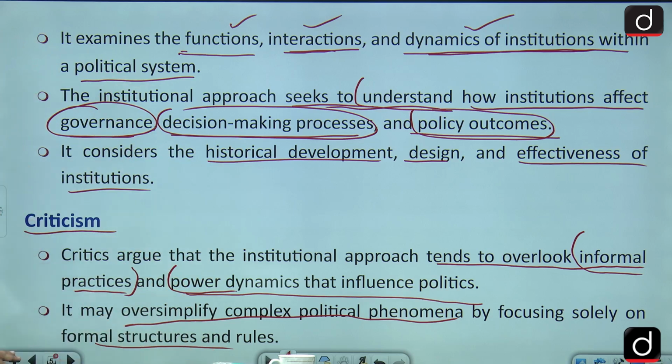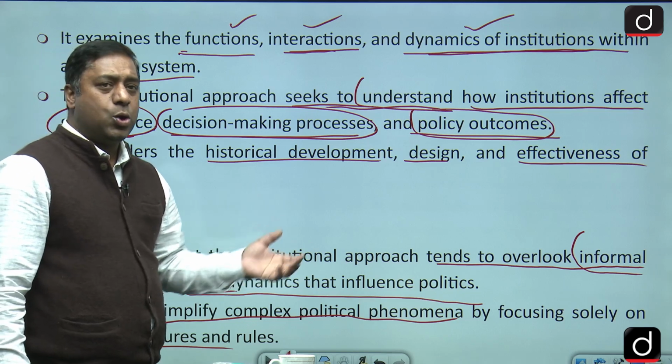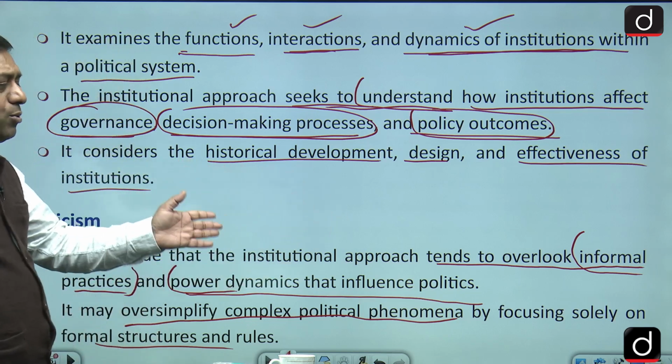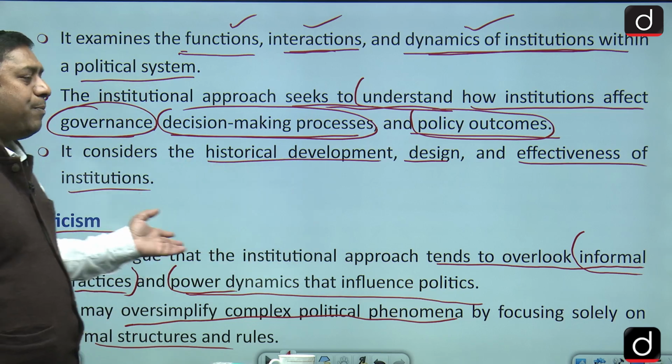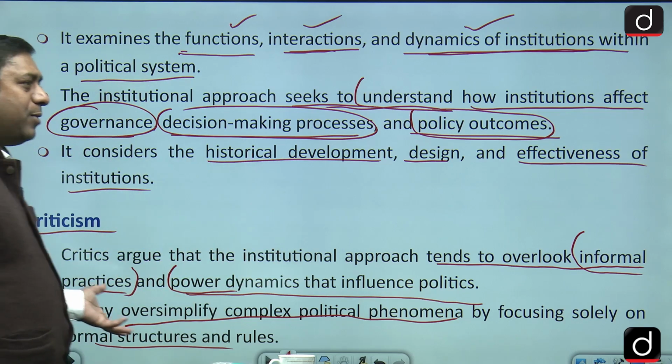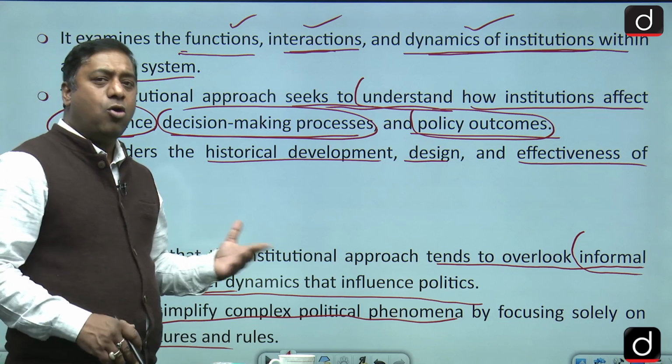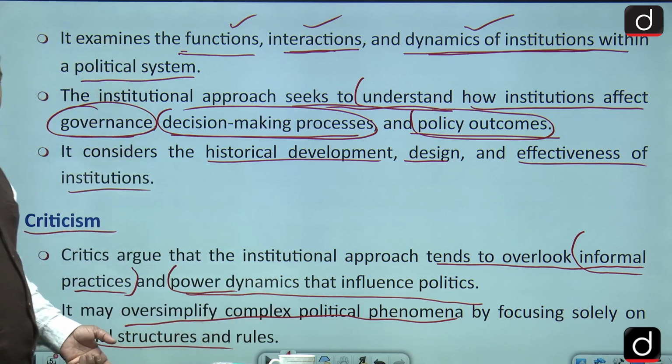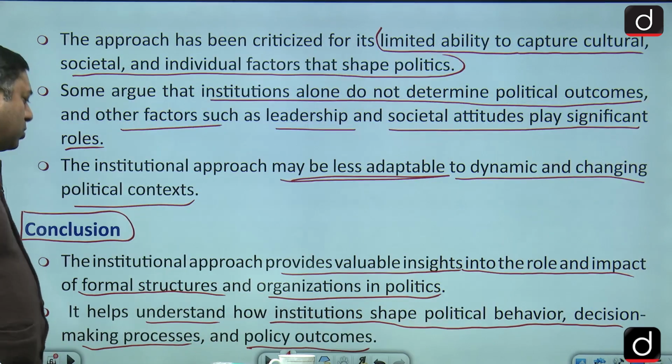And there is criticism. Criticism means it only tries to talk about the formal, so it has left out informal practices and power dynamics, which also influence politics. Apart from that, it has oversimplified complex political phenomena by only focusing on formal structures and rules.